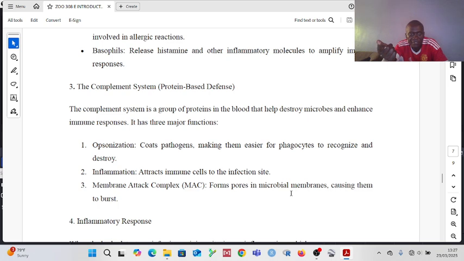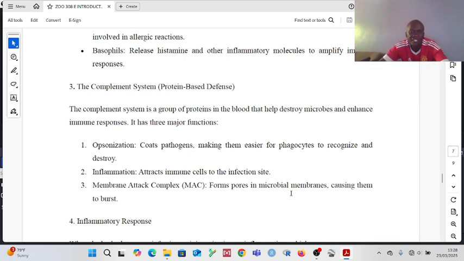So they destroy microorganisms and they enhance the immune response. So the complement system is a defense system that is based on proteins. How the defense system works is by destroying microorganisms and enhancing the immune response.